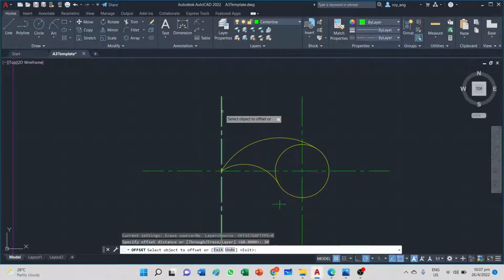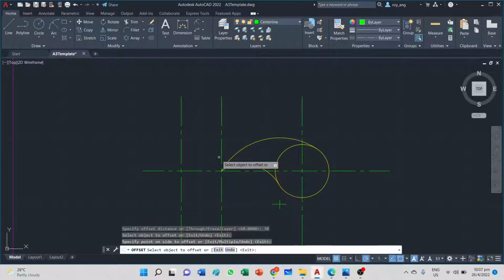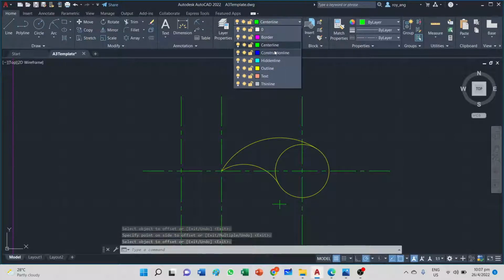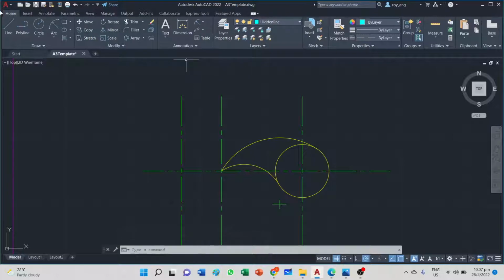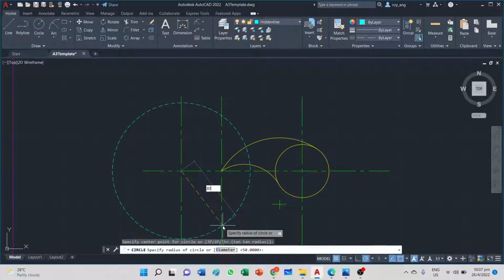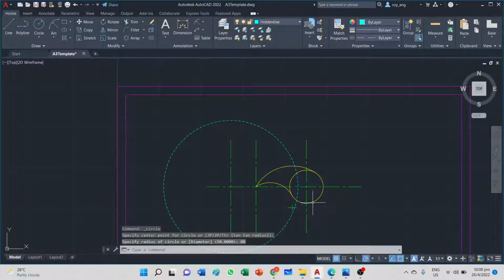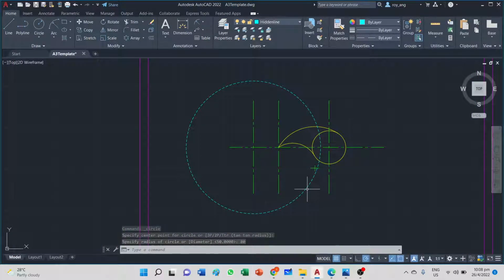And we're going to hit on this, enter, and we're going to draw the first construction circle. The first construction circle will be 80 millimeters in radius. Now some students will take some time to figure out why it is 80 millimeters, why this 50 millimeters or 30 millimeters.